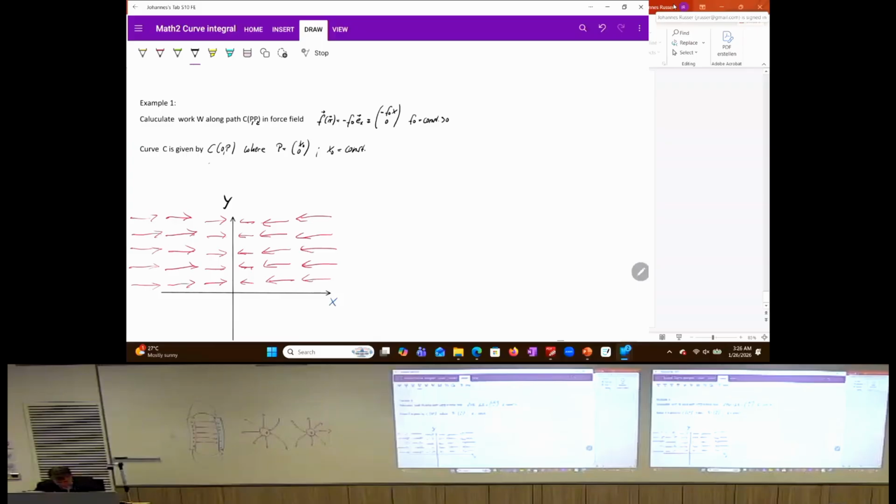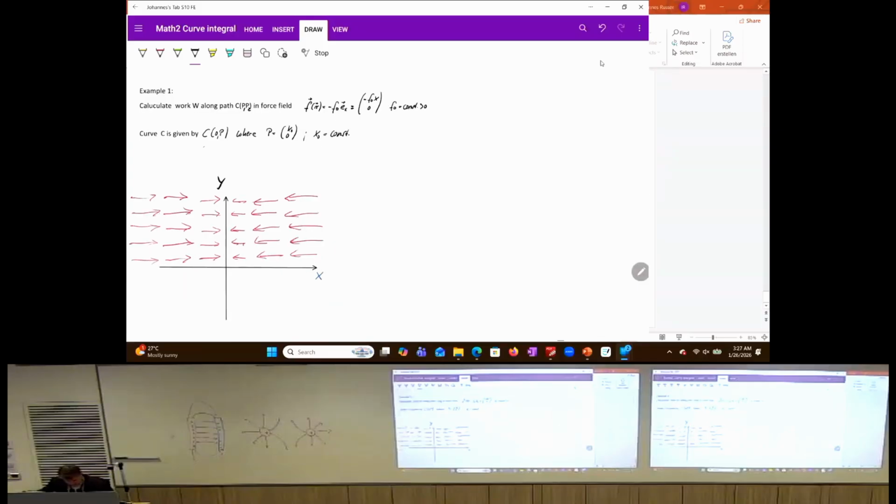If you look at the vector of the force field, it only has an x component, just like I drew here. So it always points toward the y-axis. And as x becomes larger in its absolute value, also the field lines become larger. So this is what I depicted here in the graph.